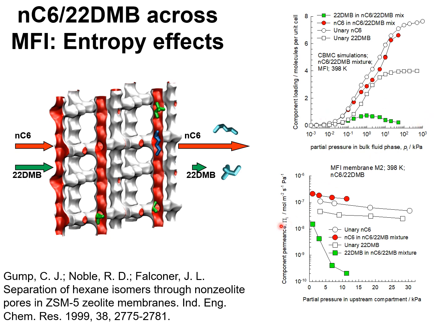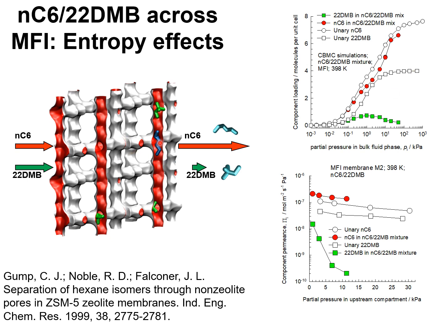To understand this strong reduction in the component permeance for 2,2-DMB, we have to understand that the mixture adsorption is dictated by entropy considerations. 2,2-DMB is a branched alkane molecule that prefers to locate at the channel intersections, and there are only 4 channel intersections, and therefore if you look at the unary isotherm for 2,2-DMB, we will note that the unary isotherm is limited to a saturation capacity of 4 molecules per unit cell.